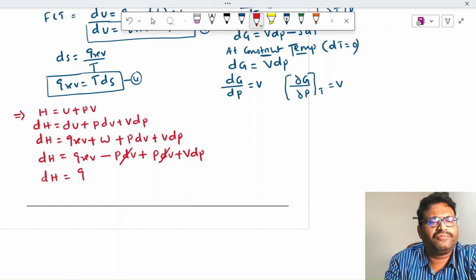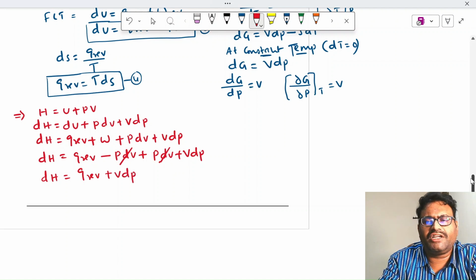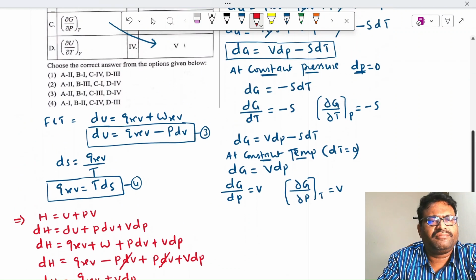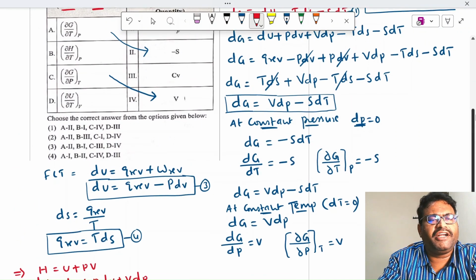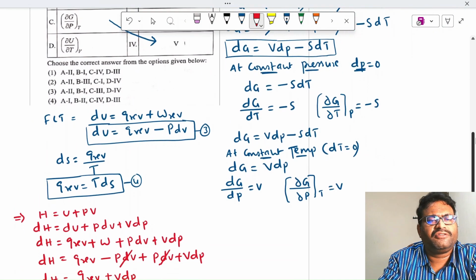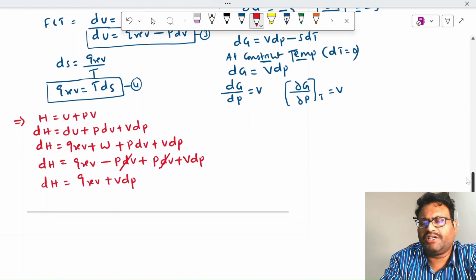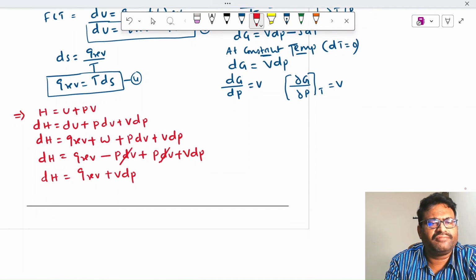Q reversible, right, plus V into dP. But what is asked here? dH by dT. What is asked? dH by dT is asked.